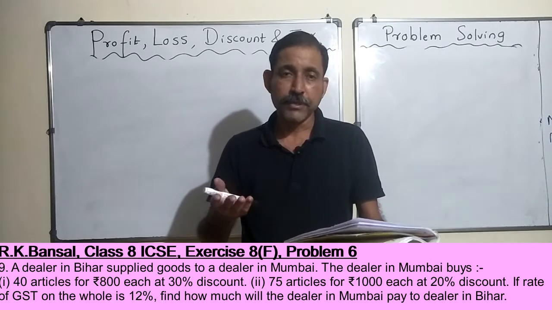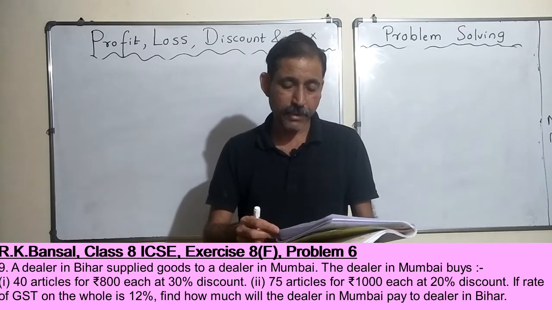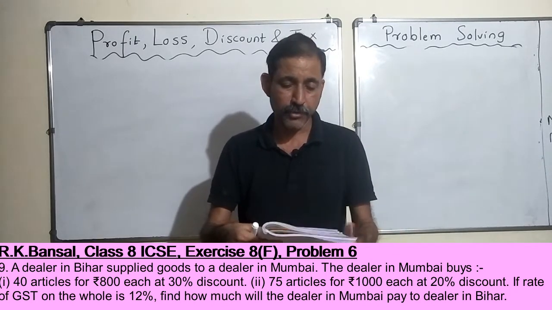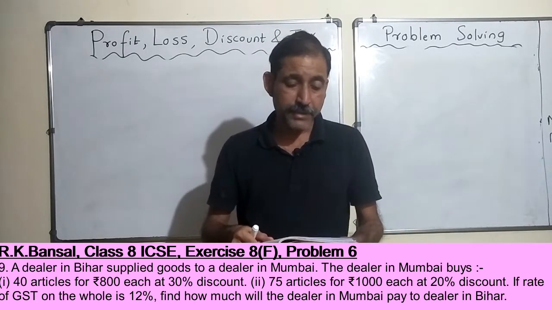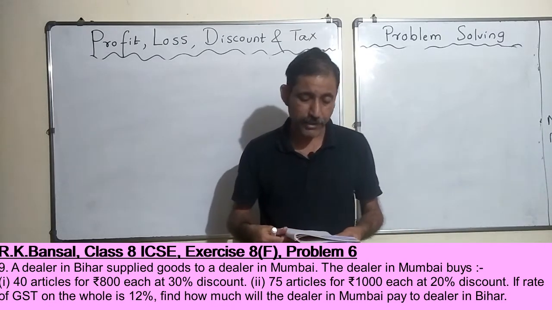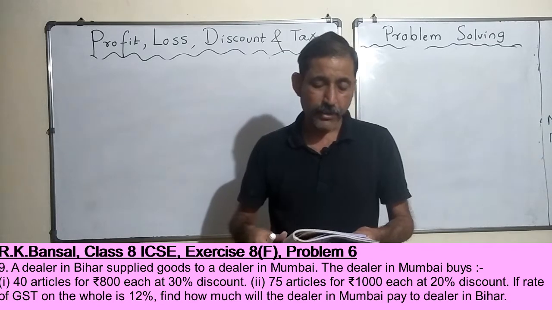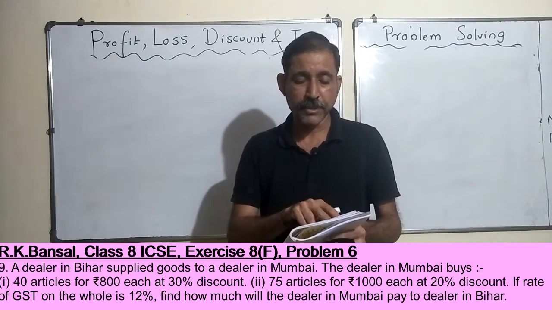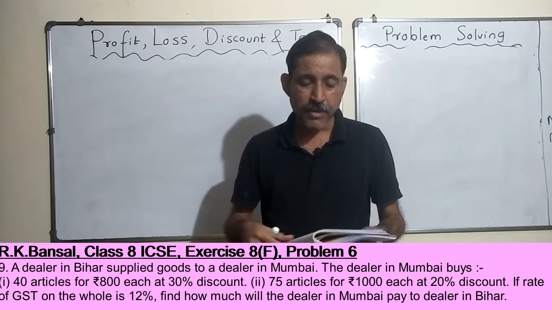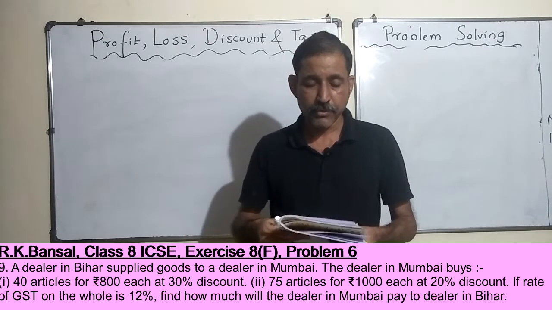And the second part is 75 articles for rupees 1000 each at 20% discount. So another set of articles, each costs 1000 rupees, but he is getting a 20% discount on each.